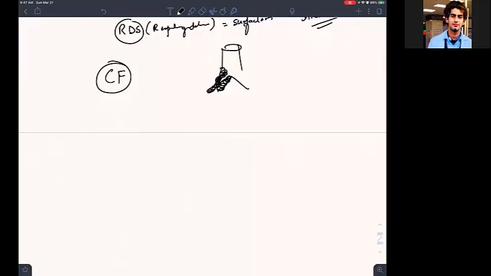And another example is cystic fibrosis, where thick mucus plugs block your airways and are not letting the alveoli expand. That is again an atelectatic scenario.